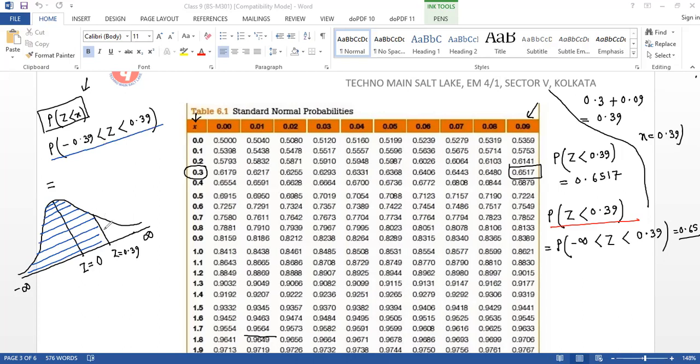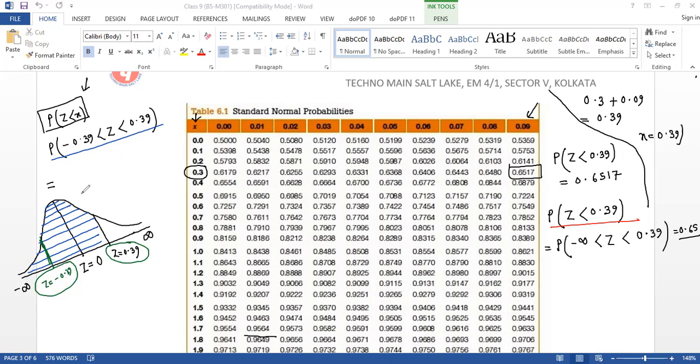You know that for this point z equal to 0.39, you can consider a point z equal to minus 0.39 on the left hand side, which is equidistant from z equal to 0. The blue colored portion is the probability that is known to you, which is 0.65.